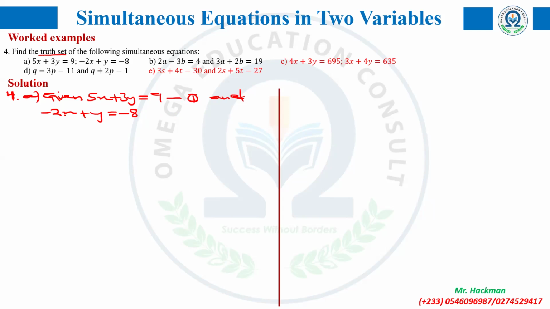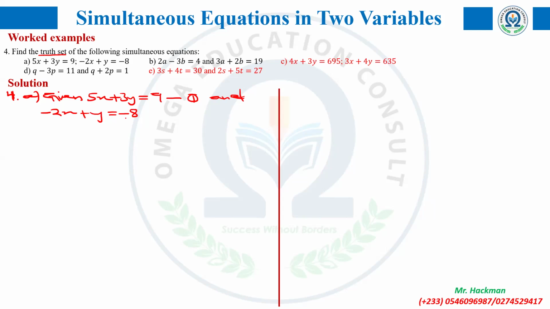If I want to eliminate x, I have to multiply equation 1 by 2 and equation 2 by 5 so that I can add to eliminate. If I want to eliminate y, I have to multiply equation 2 by 3. So even with the elimination, it is better to eliminate y, because it's only one equation that you multiply by a constant.